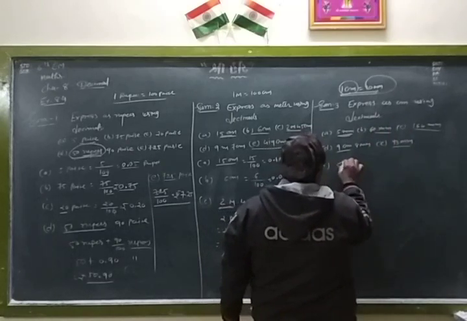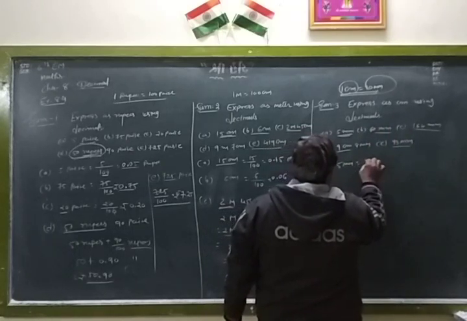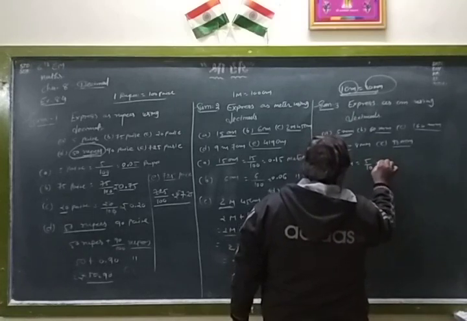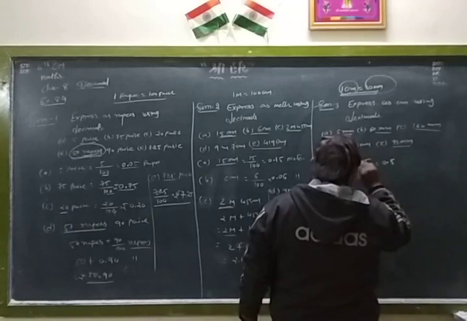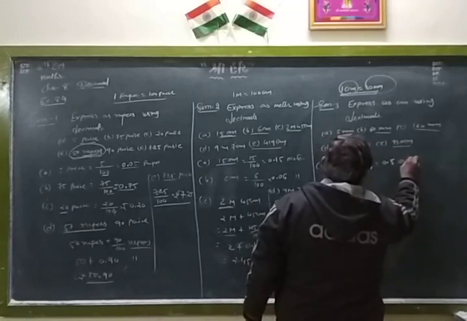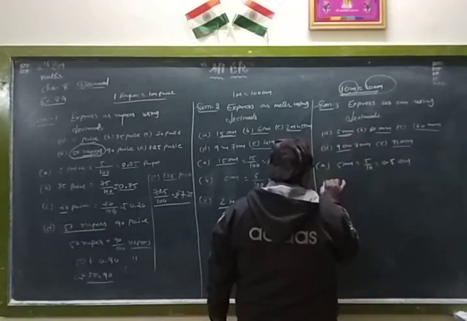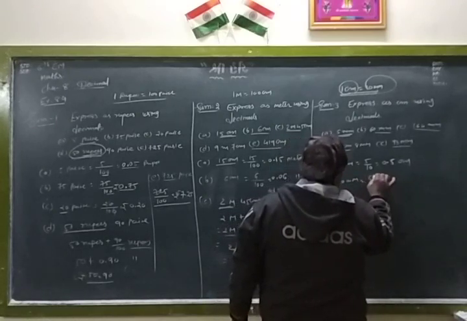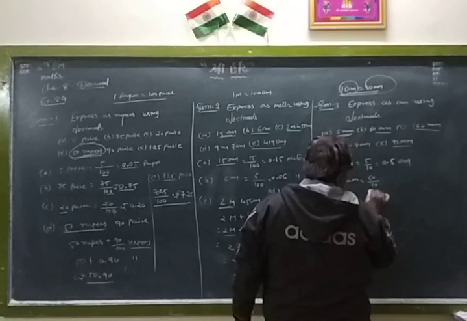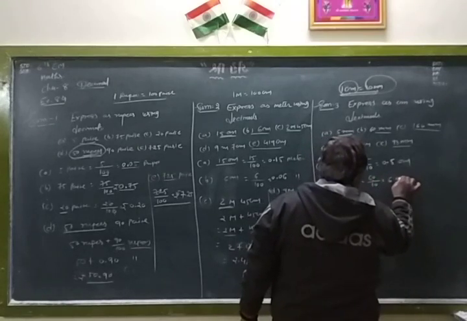This is 5 mm, it means 5/10, only 1 digit after the decimal, 0.5 centimeter. Now B, 60 mm. Therefore 60/10, 6 centimeter.